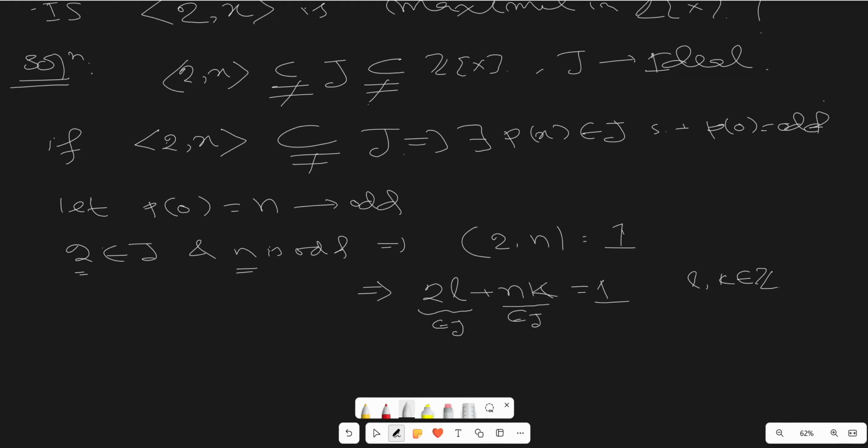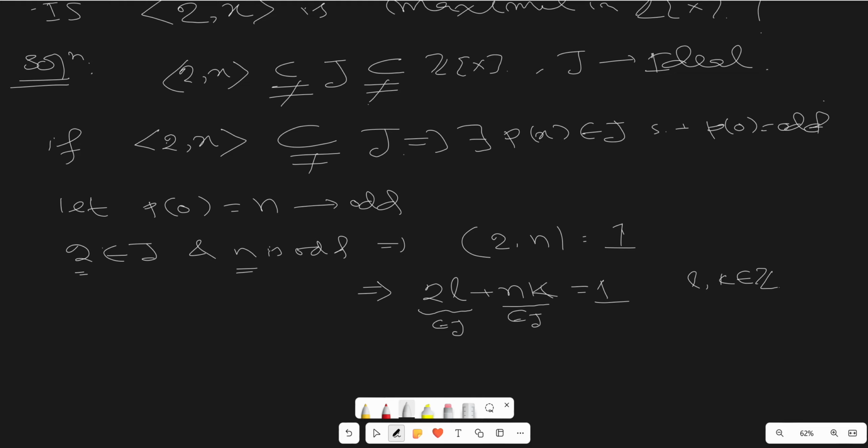Here, 2 is an element in J and n is an odd number, and GCD of 2 comma n is 1, so you can write it as a linear combination. What does it mean?